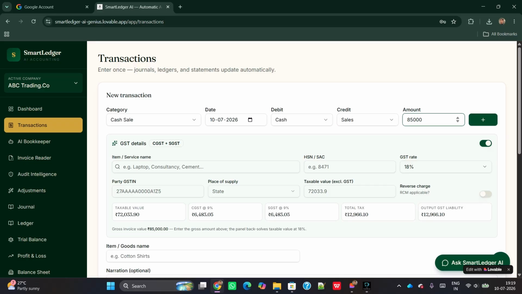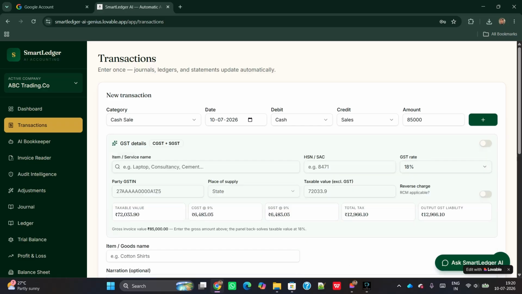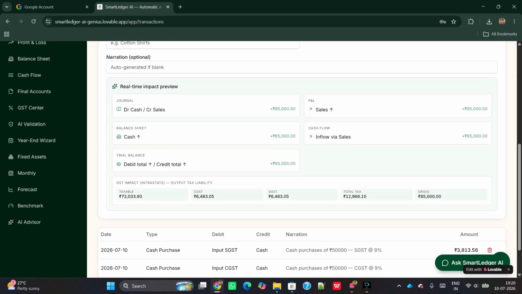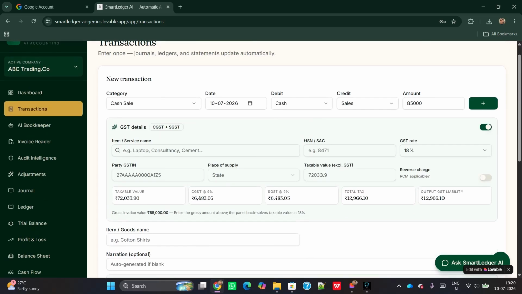If we want to add GST, we can just click the button, or if we don't want GST details, or don't want to apply GST, just clicking this button means GST will not be applied. So we will add the GST. It also gives the real-time effect, a preview of the transaction which has been entered. So let's add.